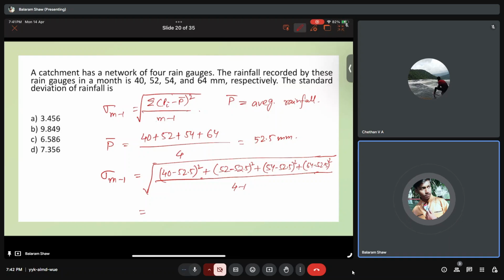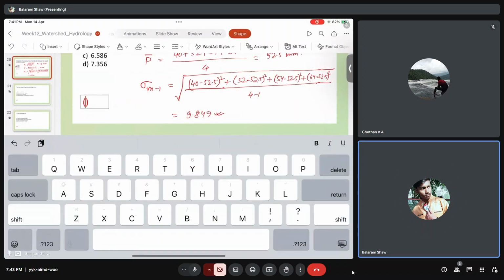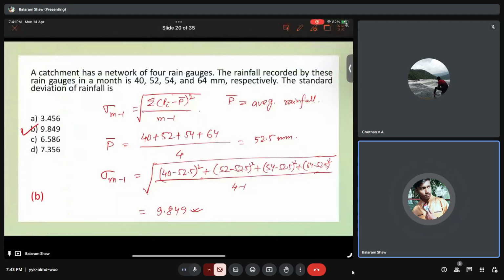I am getting somewhere near 9.849. So this is the standard deviation. So the correct answer would be B, that is 9.849.